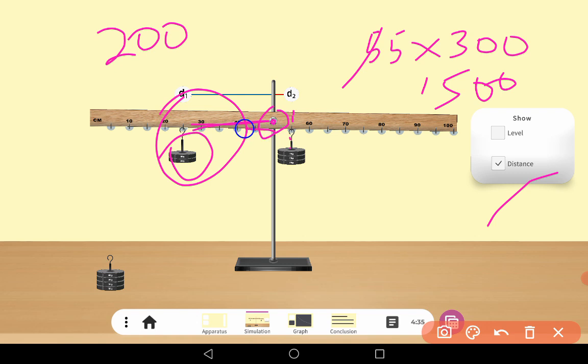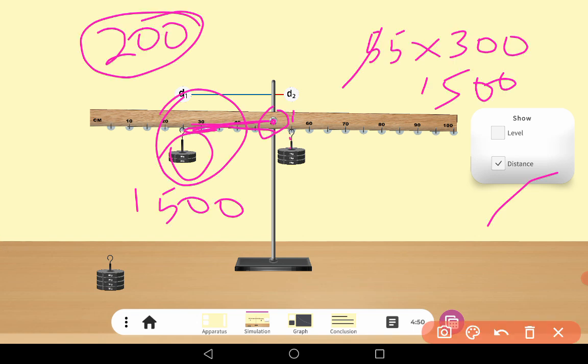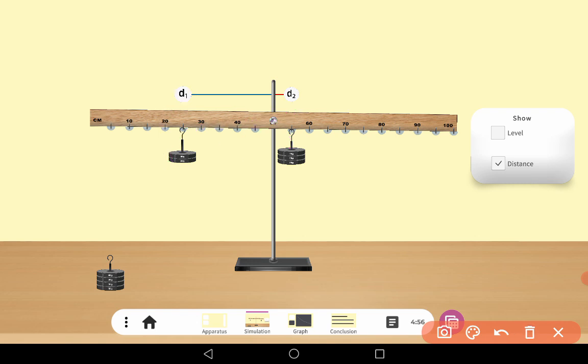So just check this distance here, and then multiply by this one. It should also be the same as the one we found on the other side, 1,500. That means the system is balanced. I'm just showing you what the application can do.